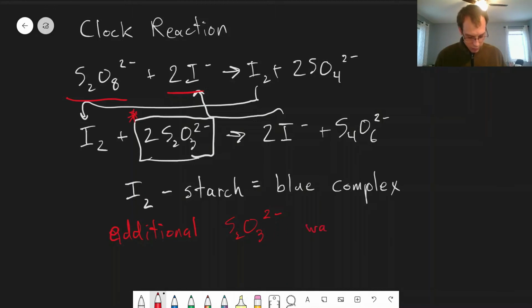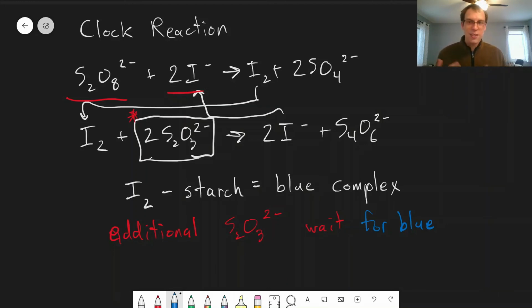Then we wait for the blue color to show up again, and we repeat this a few times, as outlined in the experimental procedure. So that is the idea of how we're going to keep track of this reaction.